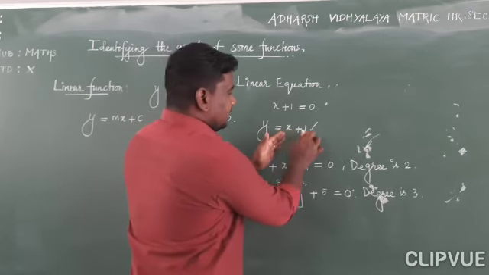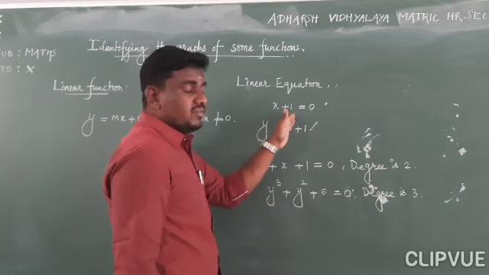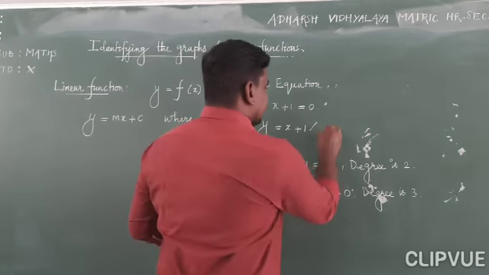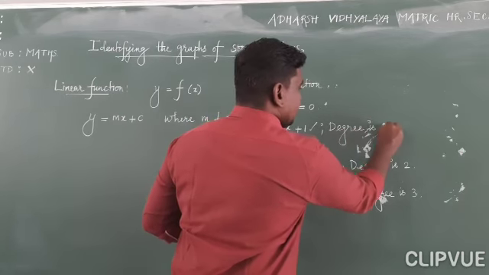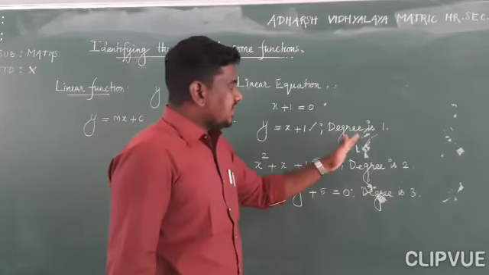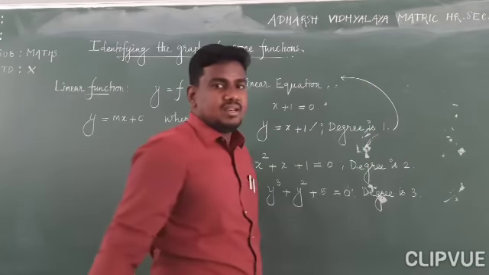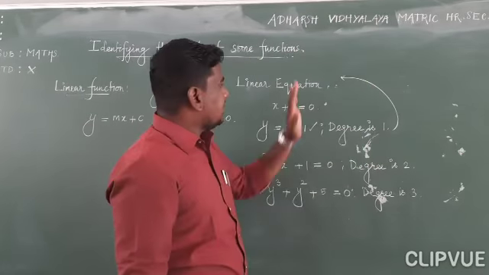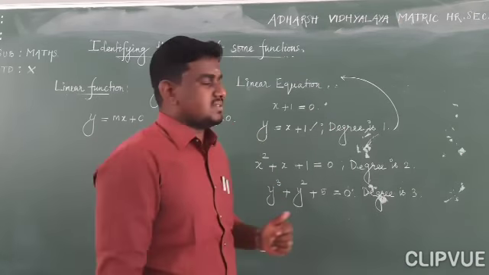Here the 1 is a constant term, and the power of x is 1. That's why the degree is 1. If the degree of the equation is 1, it is called a linear equation. If we write it in the form of a function, it is called a linear function.